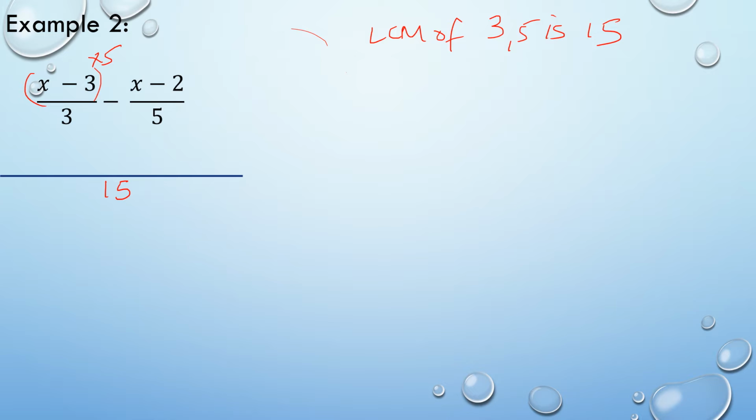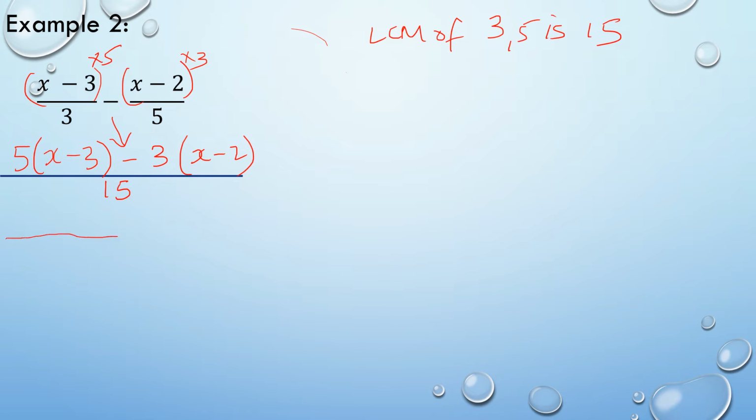And 5 into 15 is 3. I'm going to multiply this numerator by 3. So that's going to give us 5 open bracket x minus 3, minus, I brought that from there, 3 by x minus 2. All right, our next line.